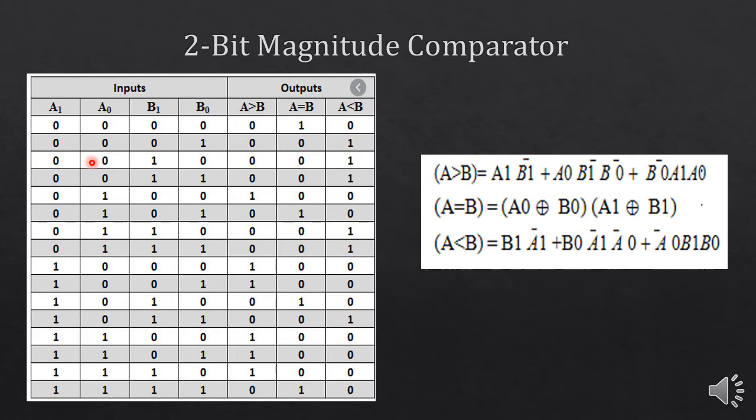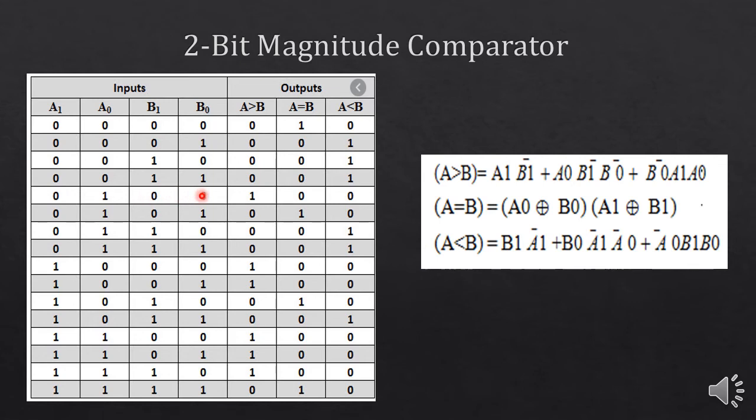Further, A equal to 0 and B equal to 2, here again A is less than B, so this condition is true. Again A equal to 0 and B equal to 3, so again A is less than B. If we move further, we are taking A equal to 1 and B equal to 0.